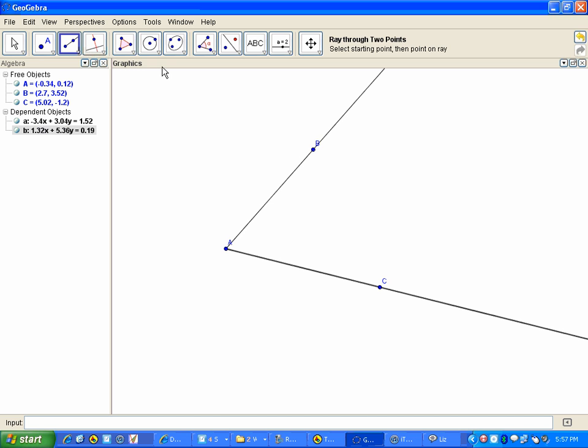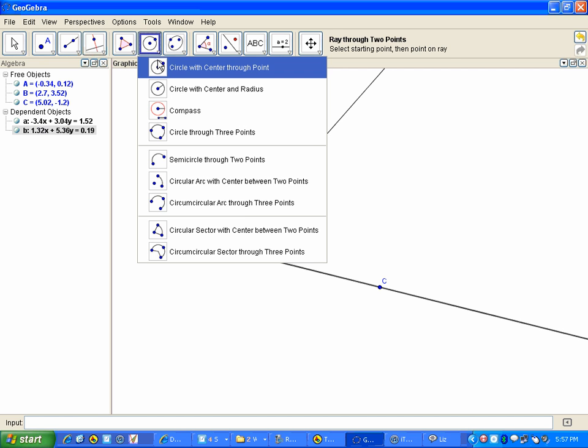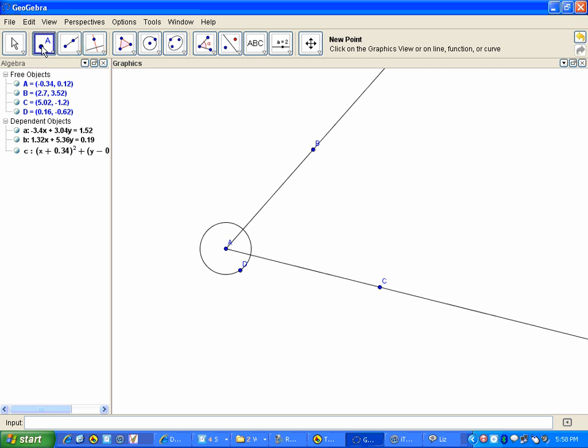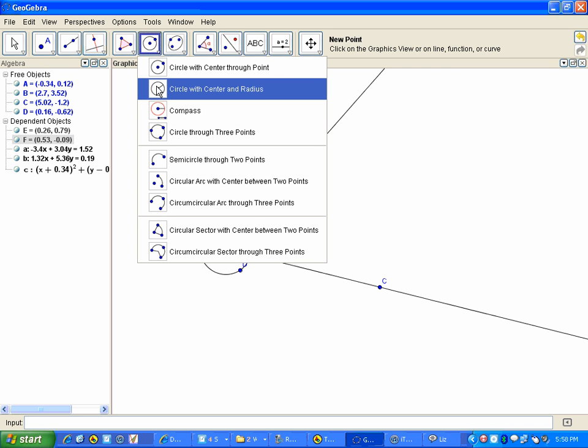Okay, if you remember how to construct an angle bisector, the first thing we did is we'd make a circle centered here. That set up two points that we used to bisect the angle. And then I'd make two circles that were the same size.